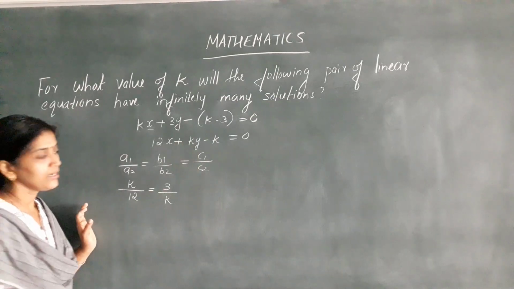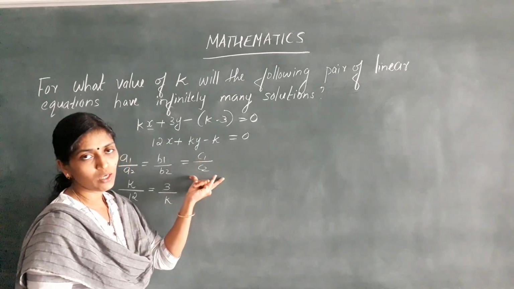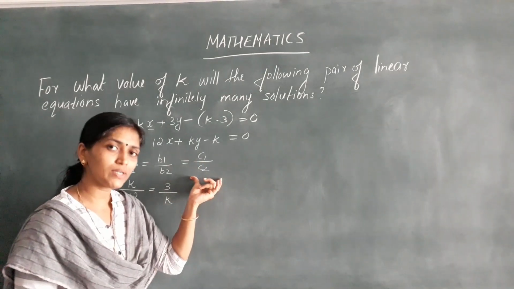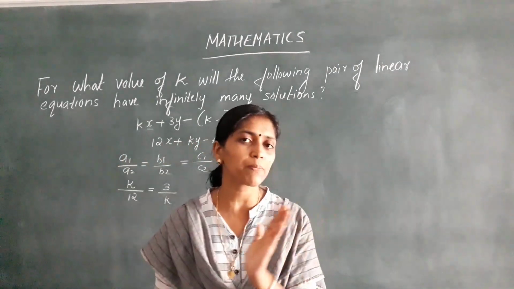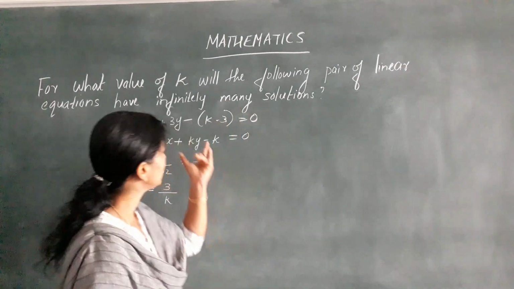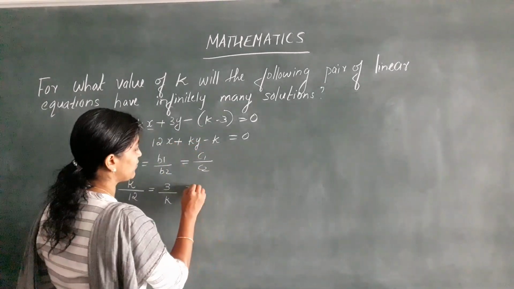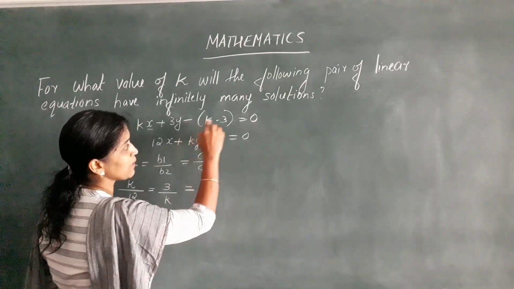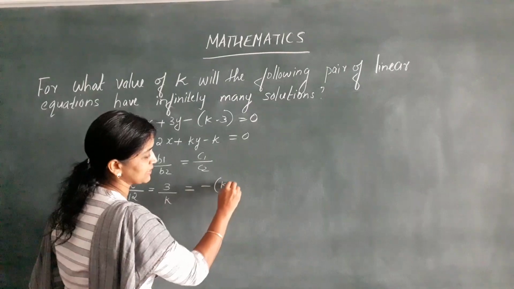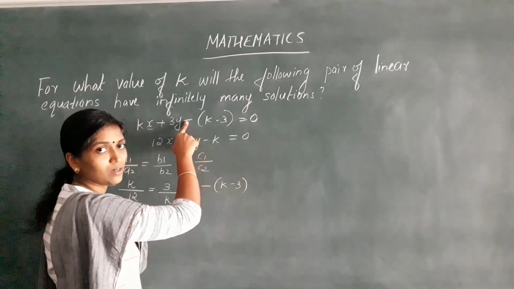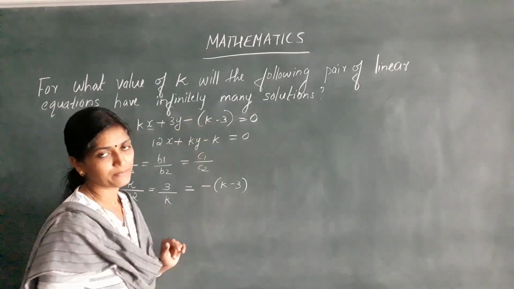Isn't it? Now see, listen properly. When you write c1 and c2, in the general form we have already seen the coefficient of x, y and the constant term are all positive. If it is negative in the question, you have to take and write the negatives here. That is c1 is equal to minus of k minus 3. Okay? If it is not a positive sign here, you have to write the sign if it is negative.